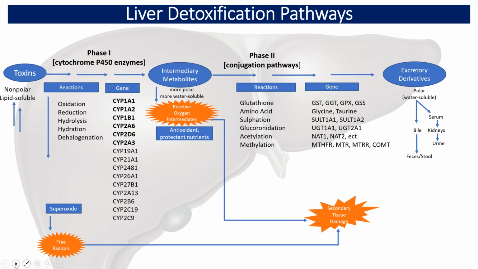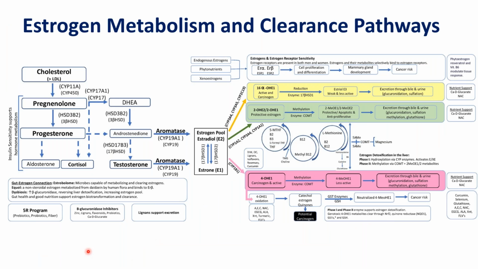Here's estrogen metabolism. And what I'm showing here are the genes and the enzymes. But just to create our total estrogen pool, our 17 beta hydroxys, all of this needs to take place.